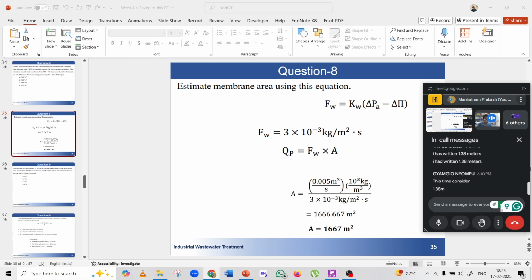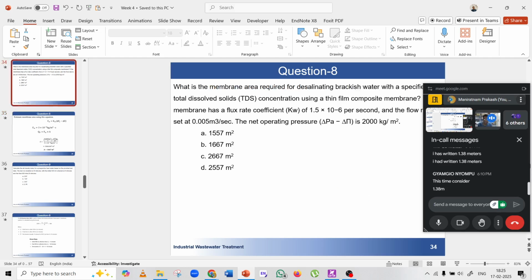We will be getting Fw, and Qp is equal to Fw into A. Then we will put all these values in. Q has already been given. Remember, the only thing you might get confused with in the question is the units.